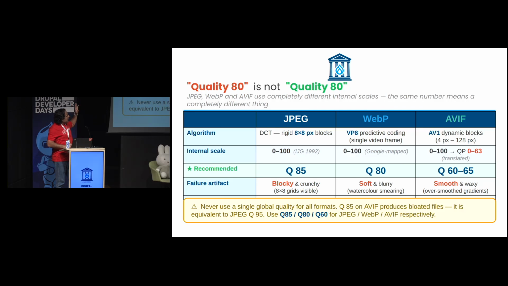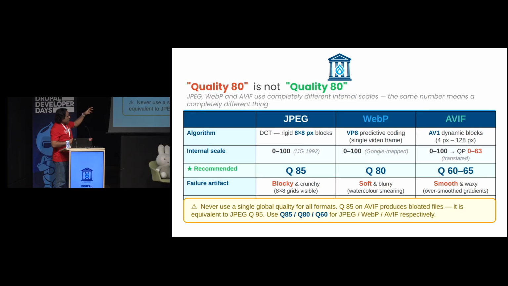As I explained before, we have a global quality setting which is set to 80 by default, and 80 is not 80 for all image formats. WebP is a standard now, and AVIF is new in the market.